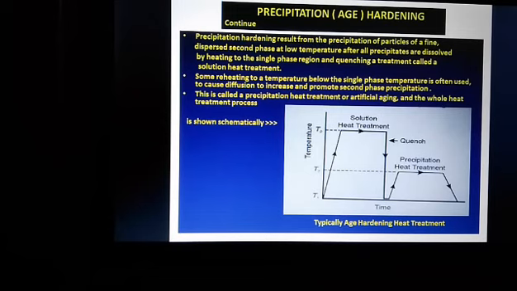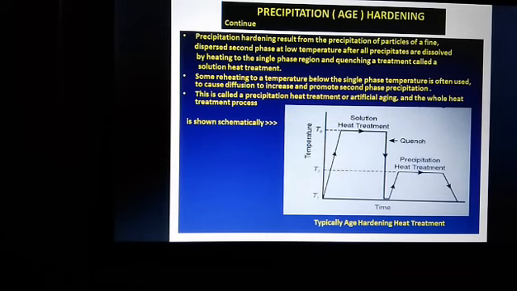Precipitation hardening results from the precipitation of particles of a fine dispersed second phase at low temperature after all precipitates are dissolved by heating to the single phase region and quenching. This treatment is called a solution heat treatment.